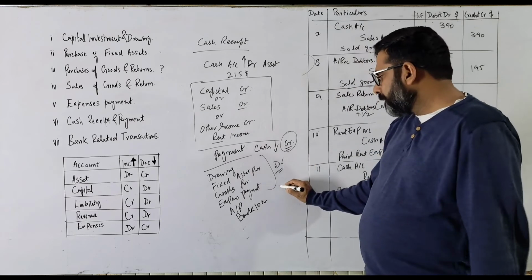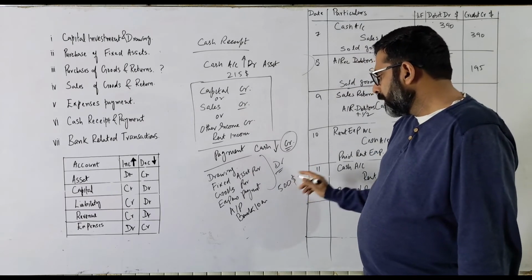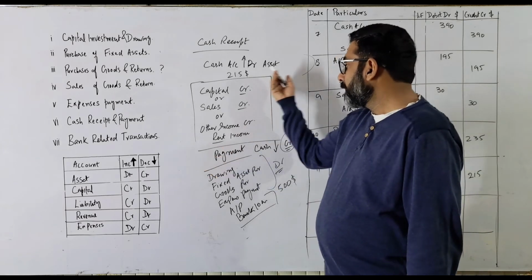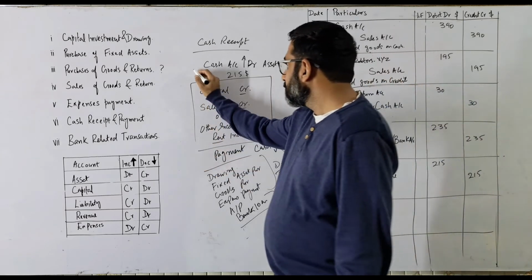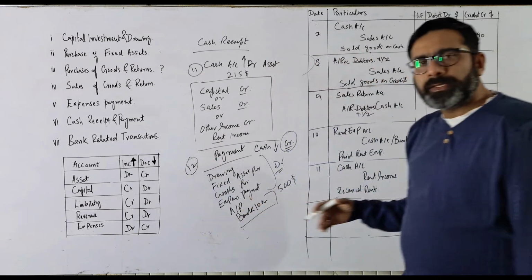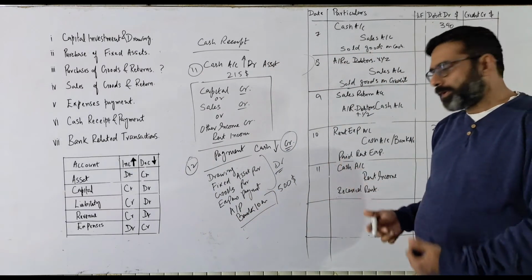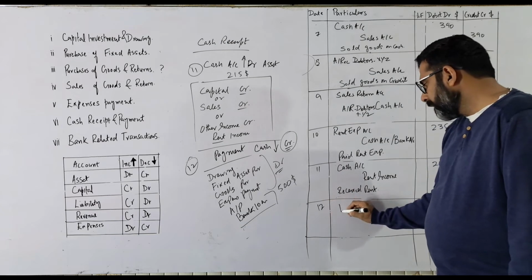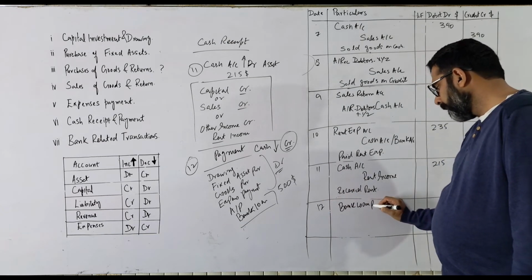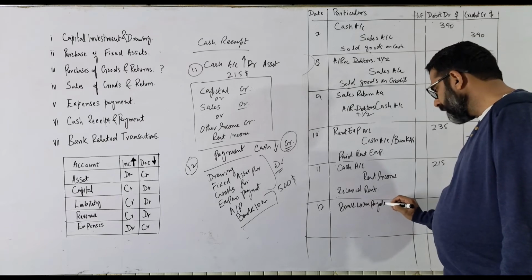so that will be debit. Let's say they are paying $500 as a bank loan, that is the transaction, we say number 12, that was 11, so this is number 12. So they are paying the cash for the loan which they took from the bank. So number 12, bank loan payable will be debit. It was a liability.